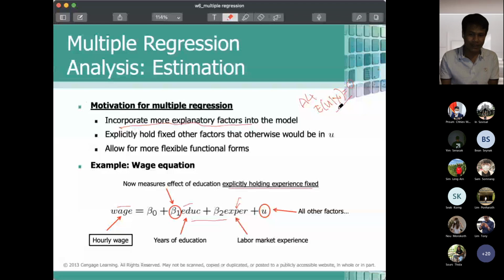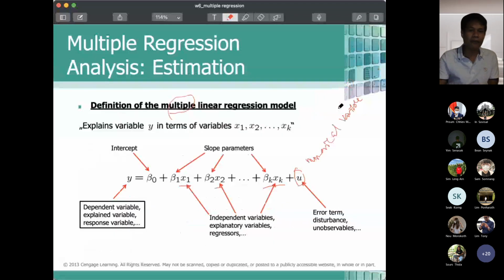All right. So the equation of multiple linear regression is very similar to simple linear regression. The difference is that we have multiple x, multiple independent variables, multiple explanatory variables. We still call y the dependent variable, explained variable, or response variable.